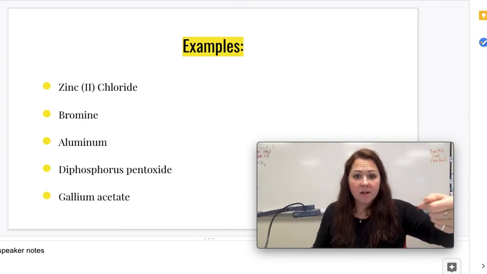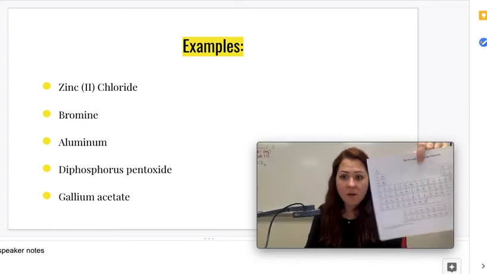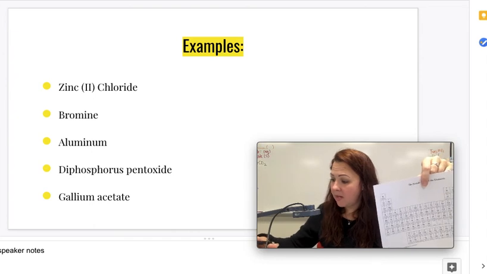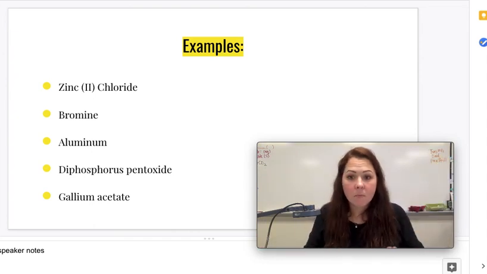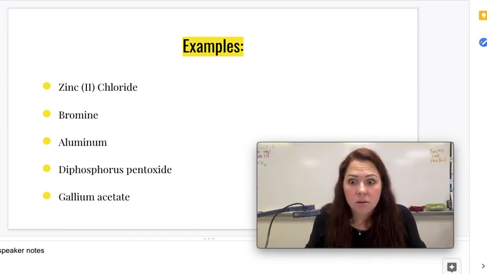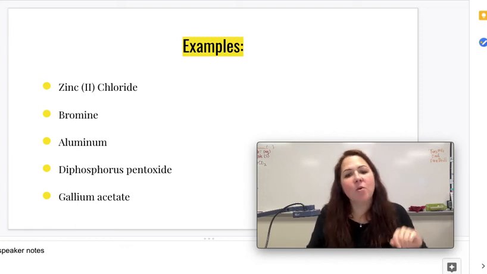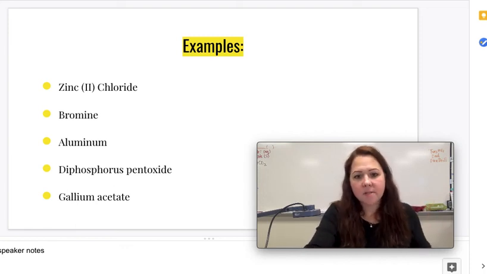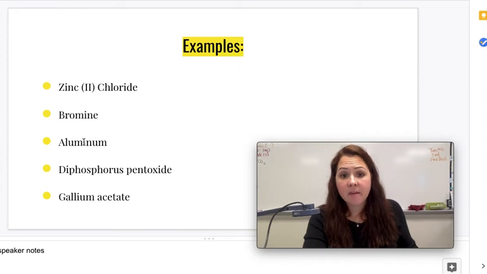So for these examples, I have a periodic table. It's the same periodic table that you have in your file folder, or that I gave you, already printed. But we have the names, and we're going to have to write out the formulas. So I'm going to go ahead and do that first.